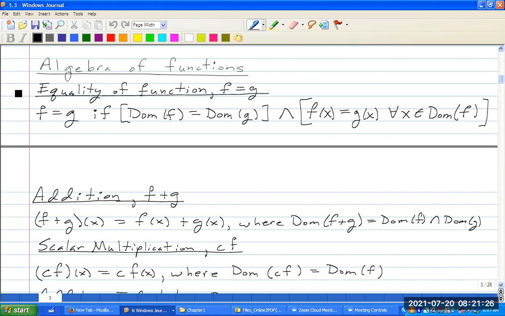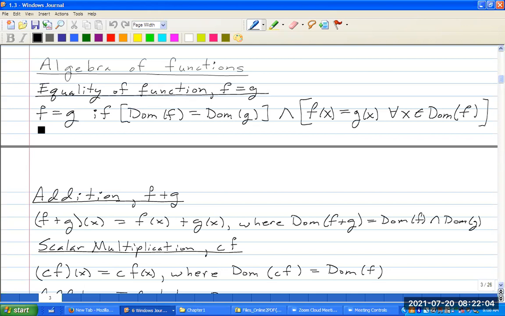So first, before we even talk about that, let me tell you how to determine if two functions are equal to each other. So the equality of functions, f equal g. So f is equal to g if, and I guess I should say this before I continue, whenever we give a definition in mathematics, we always give it saying the word if.